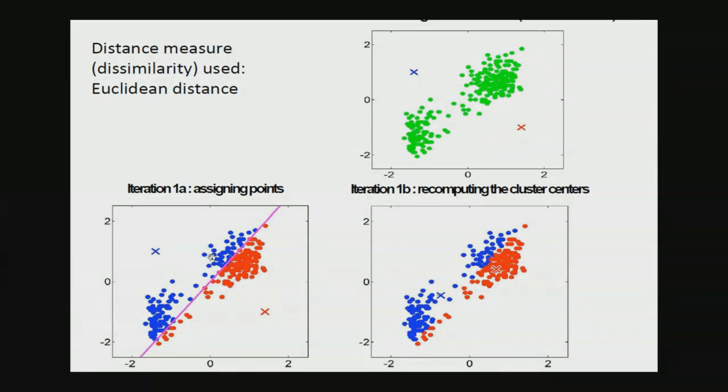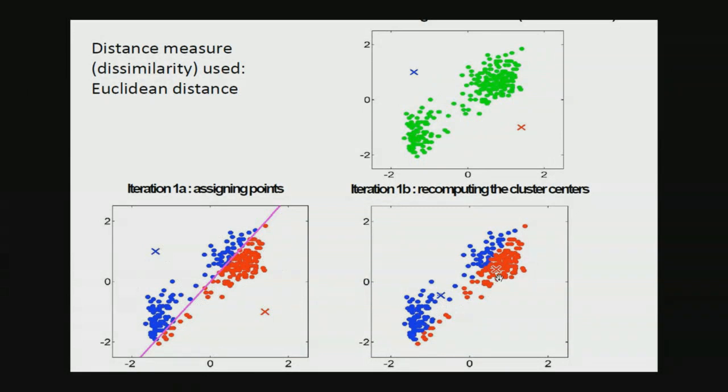In the second step, once we have the first grouping, we need to recalculate the center of each cluster. So we will no longer use the starting point. The center for the second step will be the average of this blue cluster, which will be here, and for the red cluster it will be the average of all these red dots, and it will be repositioned here.